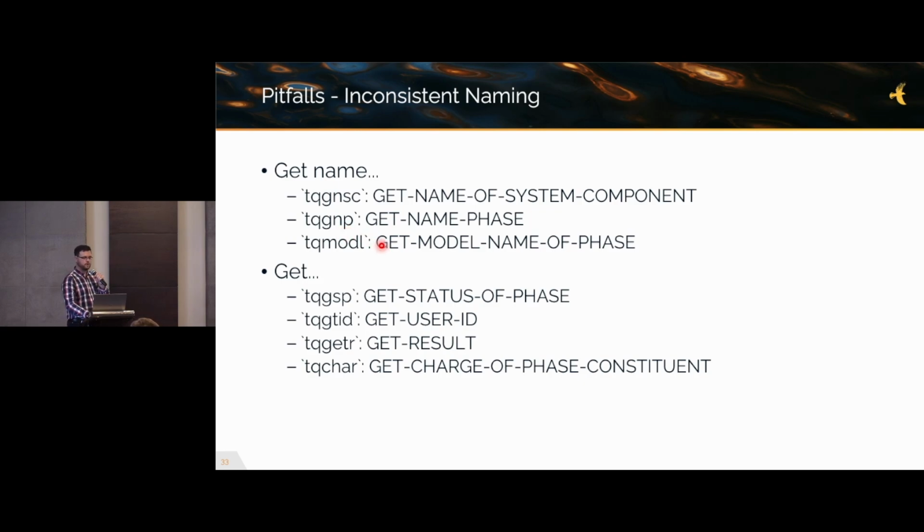All right, I was busy working with this, and then next I thought, cool, I want to get the model name. TQ GN, nope. To get the model name, it's TQ MODL. All of a sudden, the pattern is broken. If you name your variables, use consistent patterns. Otherwise, you will start confusing your users.